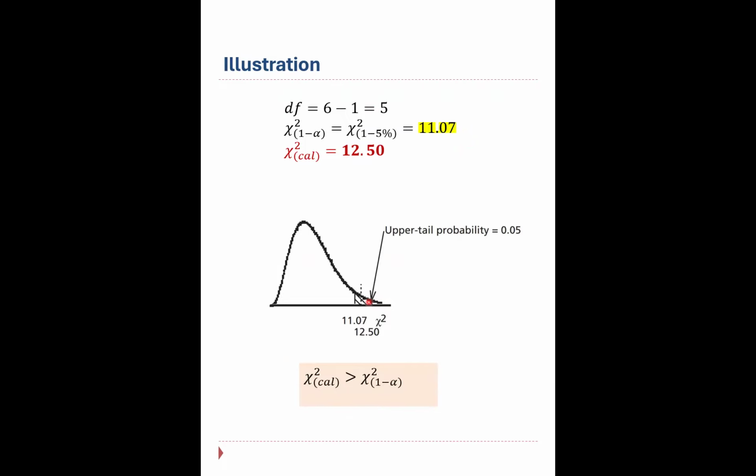Rather, we cannot reject the alternate hypothesis. We have to accept the alternate hypothesis that this die should not be considered a fair one. Its outcomes are not equally likely. So that's the way we interpret the chi-square test results.